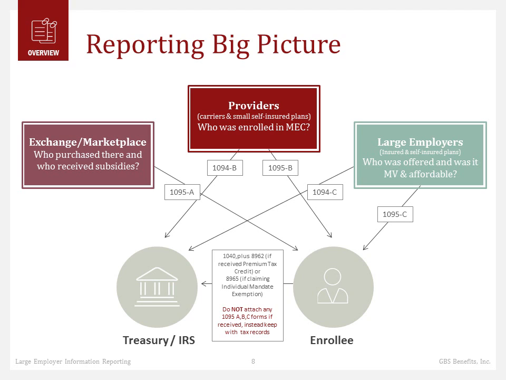The 1094B goes to the IRS, and the 1095B goes to all enrollees. And then we have large employers on the right, who will be filling out the 1094C that will go to the IRS, and then individual 1095Cs for all of their enrollees. So you can see that an enrollee could be getting more than one form, but all the forms that go to the enrollees are the 1095s, and all the forms that go to the IRS are the 1094.